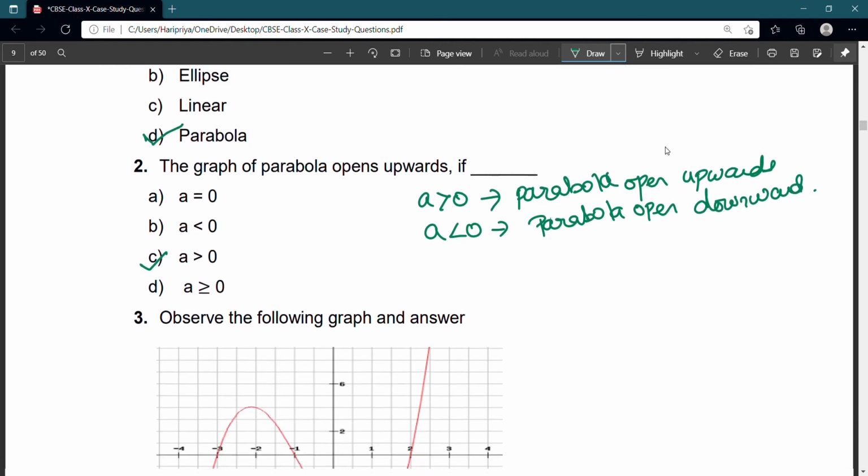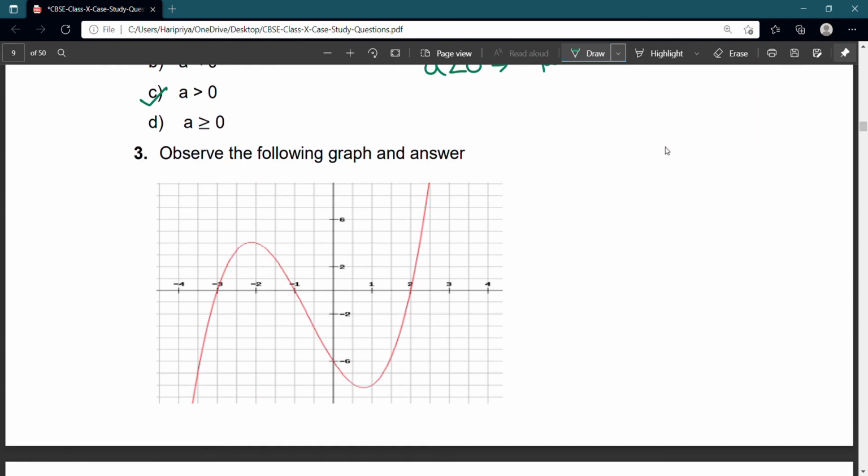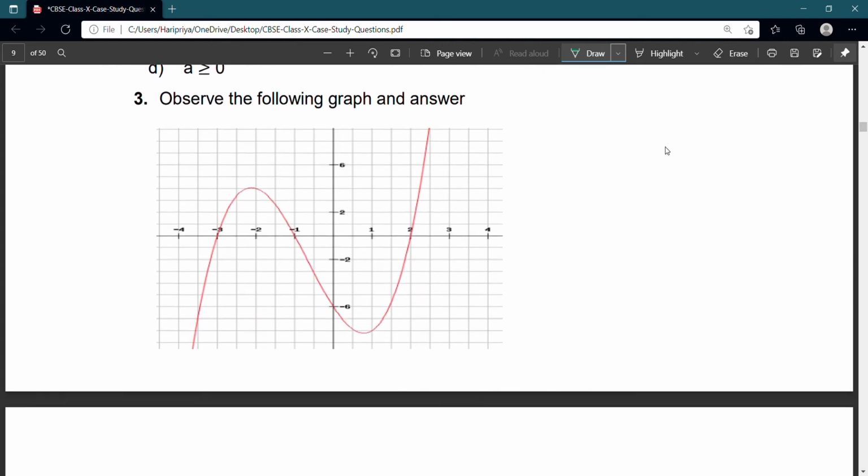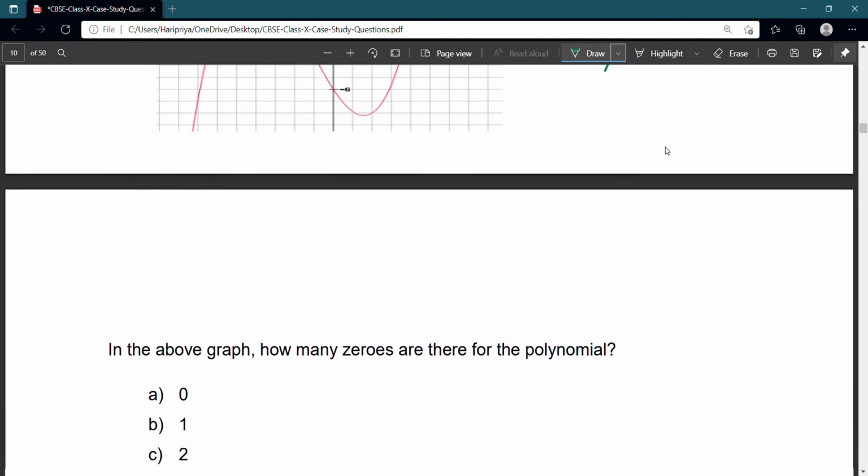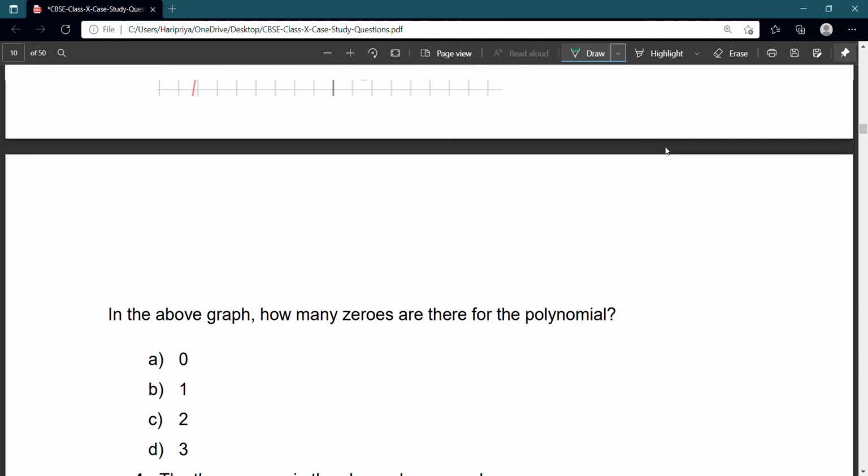Next question. Observe the following graph and answer. So here we have the coordinates -3, the other coordinate at -1, and again 2. Now coming to the question, in the above graph how many zeros of the polynomial are there?